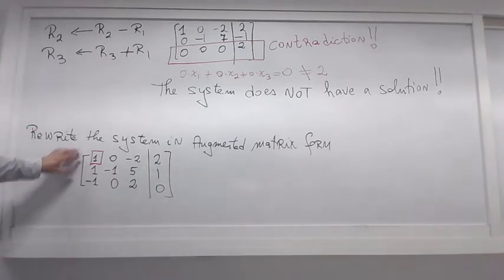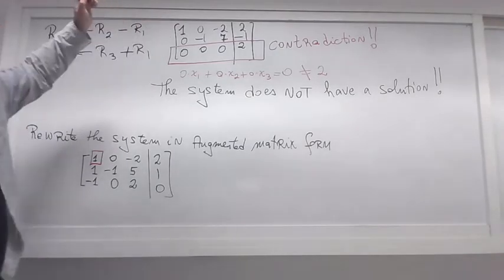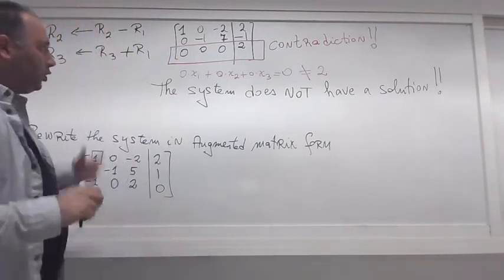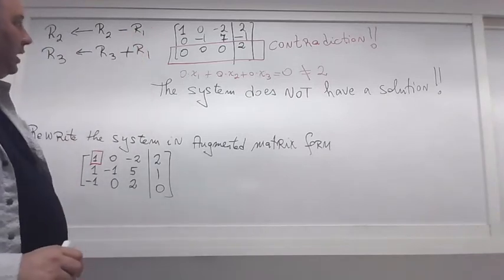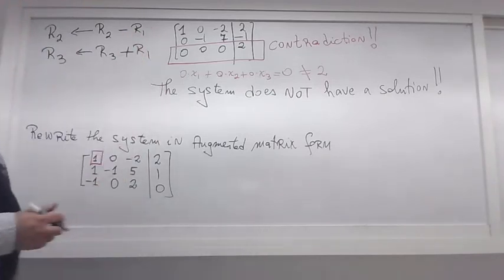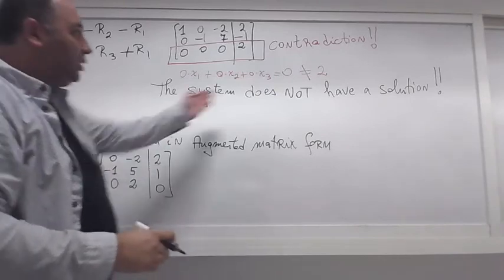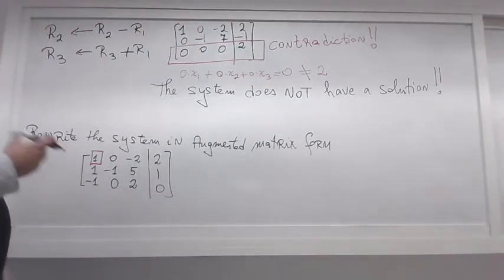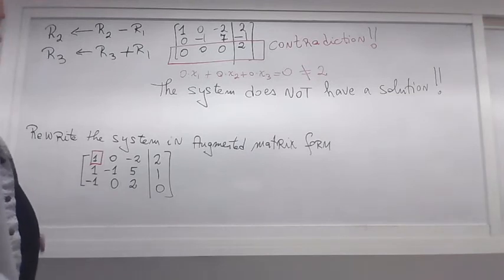So this system and this system have the same solution set, but this guy has a contradiction, so there is no solution for this. I cannot find x1 and x2, x3 such that 0 is equal to 2. There's no way. Okay, that's what it means. Oh, okay. Beautiful.